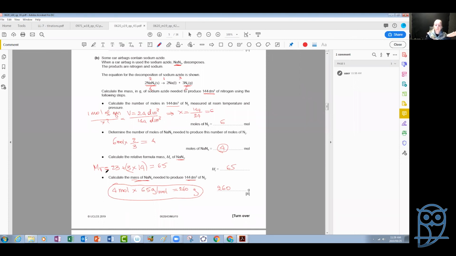We need to know how to find the relative formula mass, and how the number of moles, the amount of a substance, is linked to its mass. If we know those basic things, we can solve this type of problem.